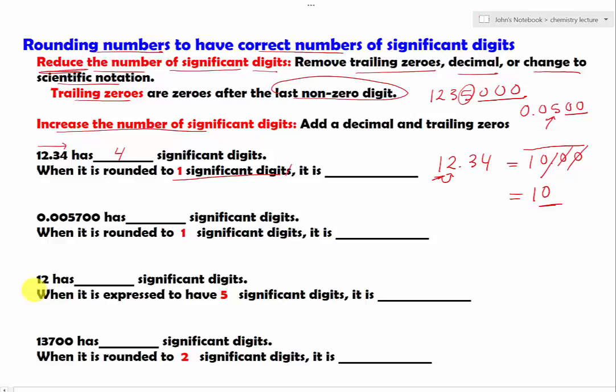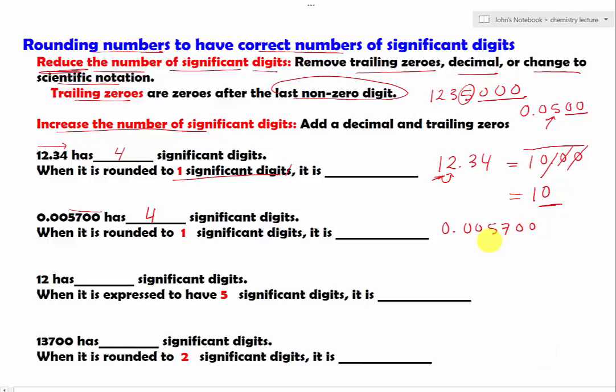Let's try another one. Here we have this long decimal number, 0.005700. And if we count the number of significant digits, it is 4 significant digits. When it is rounded to 1 significant digit, what is it going to look like? So let's write out that number again, 0.005700.